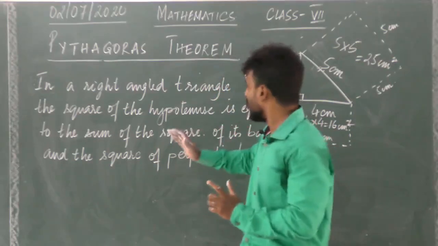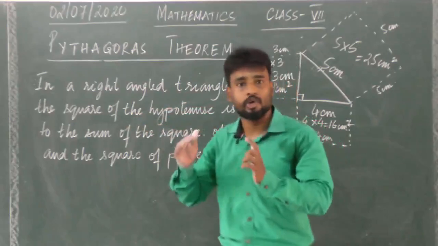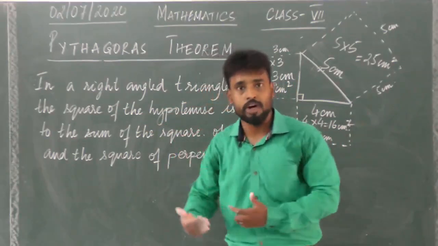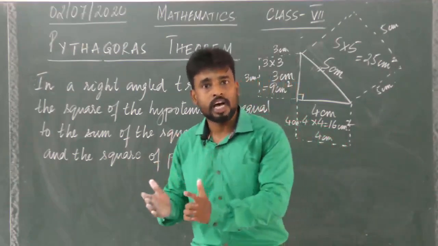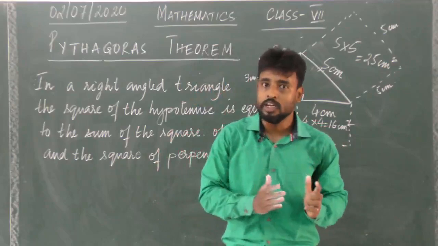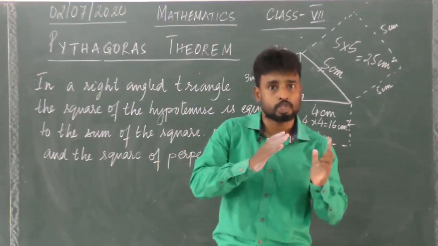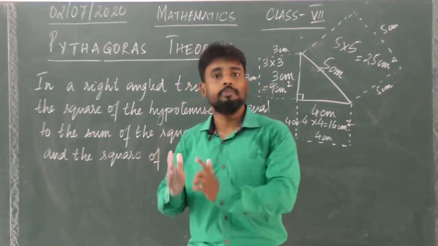So we can check the other way also. If in a triangle the square of its hypotenuse is equal to the sum of the square of its base and the square of its perpendicular, then it should be considered a right angled triangle.